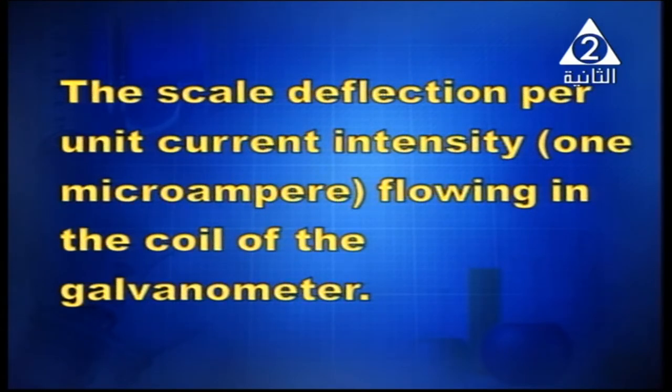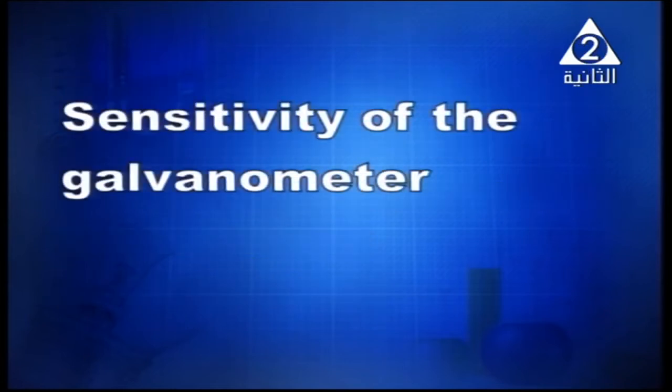So we want an expression that expresses the scale deflection per unit current intensity, and unit current intensity here actually is 1 microampere flowing in the coil of the galvanometer. Of course, we want a relation that gives the sensitivity of the galvanometer. Sensitivity of the galvanometer is given by the expression S is equal to theta over I.